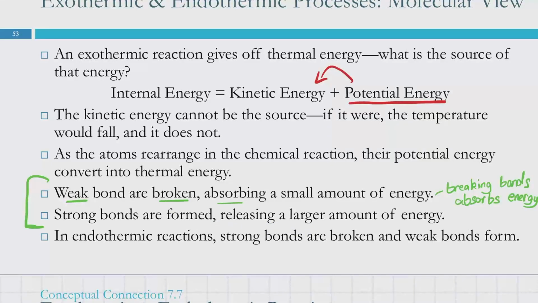That's the part that feels counterintuitive. So we form strong new bonds, and that releases a lot of energy because they're strong. I think it makes sense, probably for most of us, that breaking bonds requires you to put energy in. So I think it's easier to think about flipping that, to think about what happens when we form bonds, and that's releasing energy.